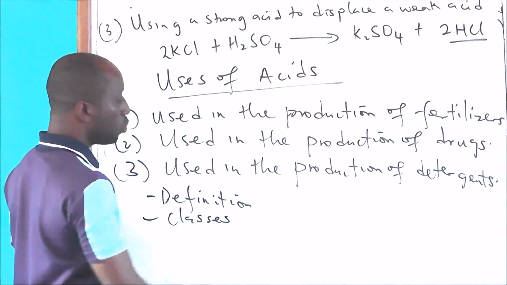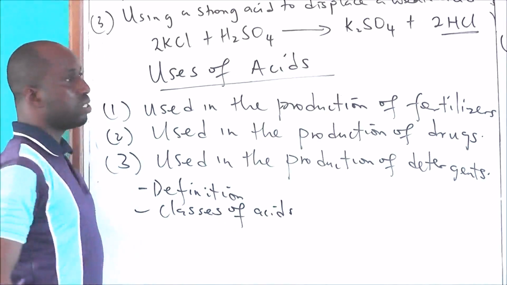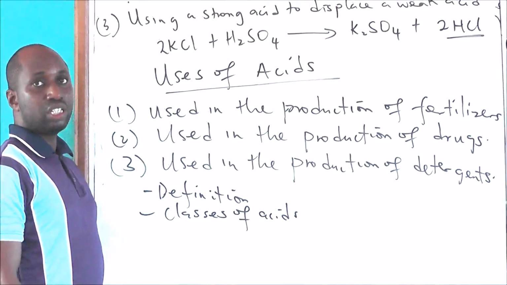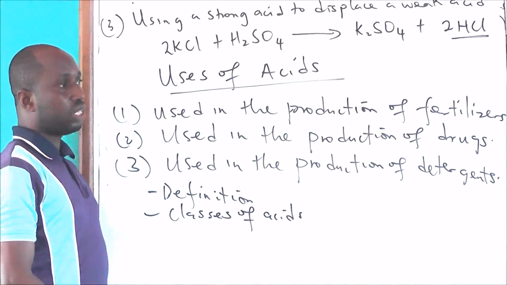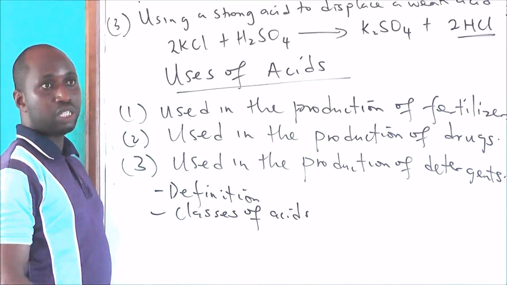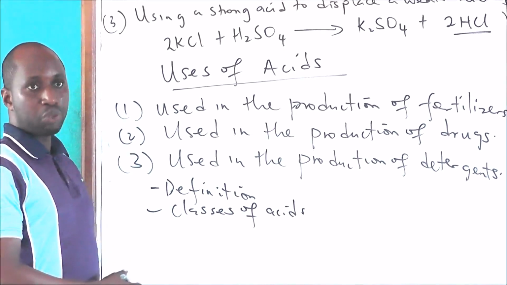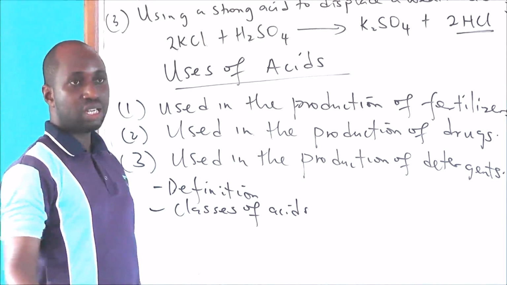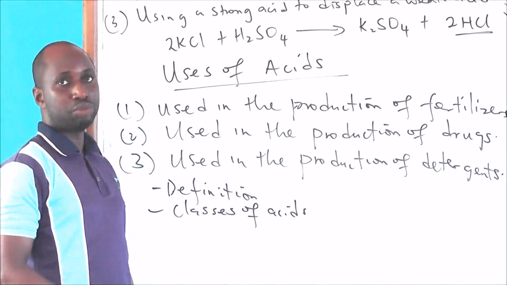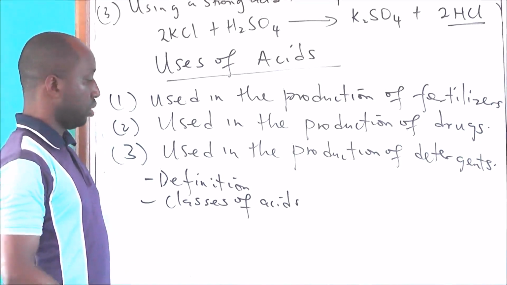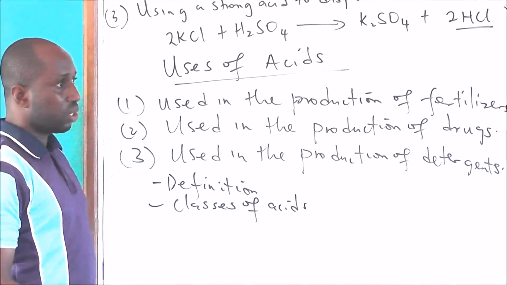We have two classes: the organic acids and the inorganic acids. Organic acids are obtained from natural products, plants and animals, like lactic acid, ascorbic acid, fatty acid, amino acid. Then we have inorganic acids, like H2SO4 and HCl.